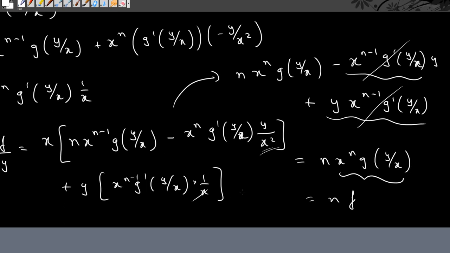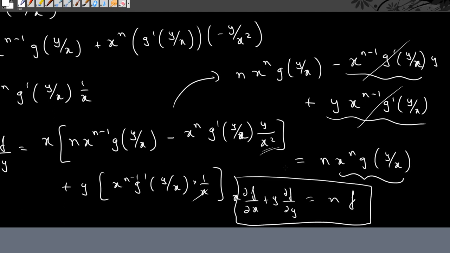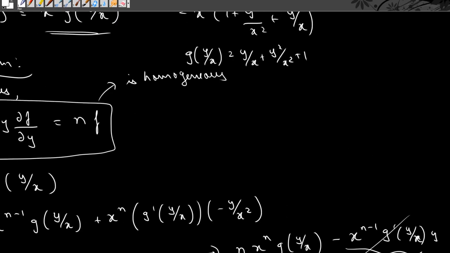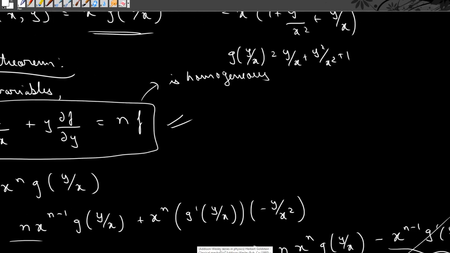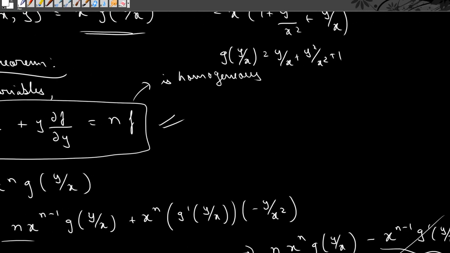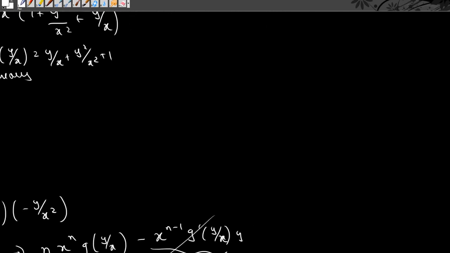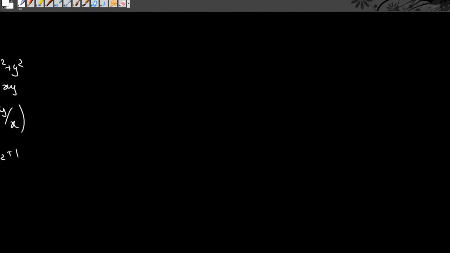We have proved x times dou f by dou x plus y times dou f by dou y is equal to n times f, which is nothing but our Euler's theorem. Okay, so we have proved it for the case of two variables.